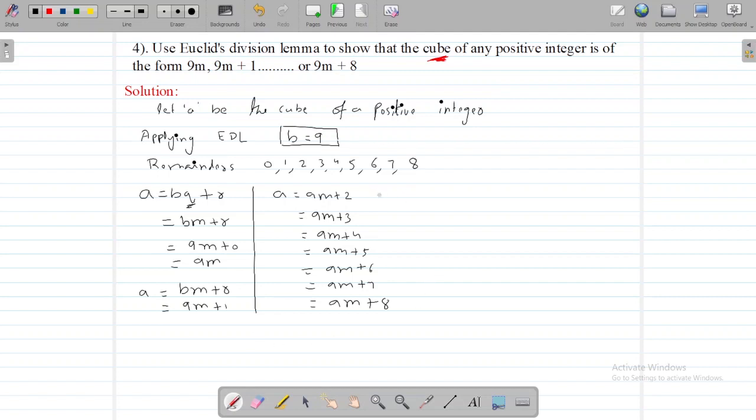So these are all the values which I am getting, which are nothing but the cube of any positive integer.